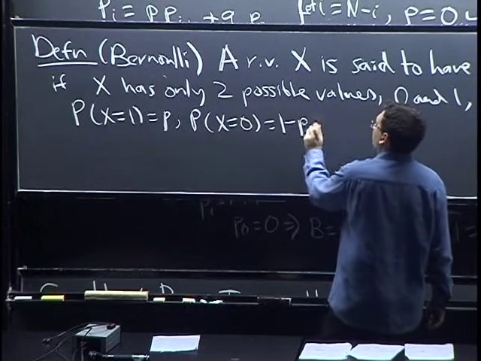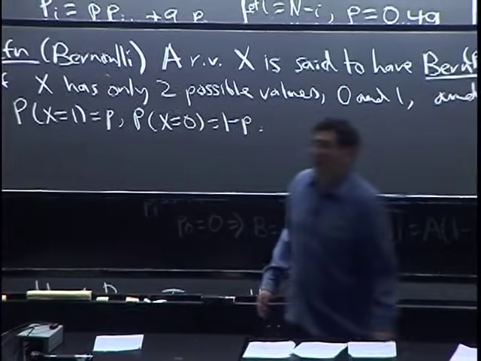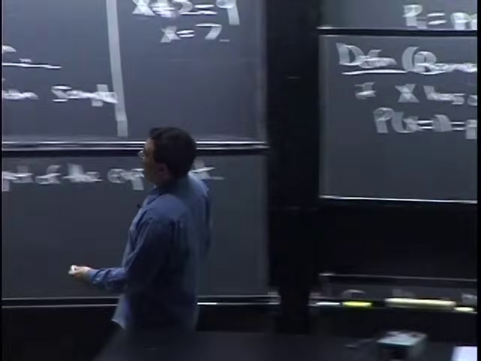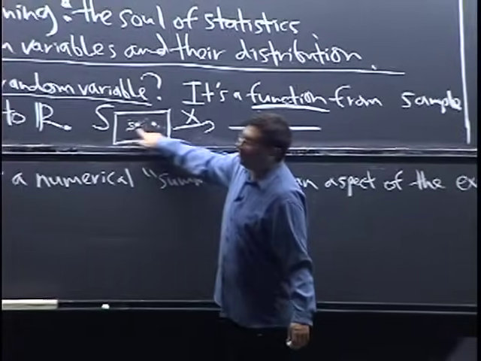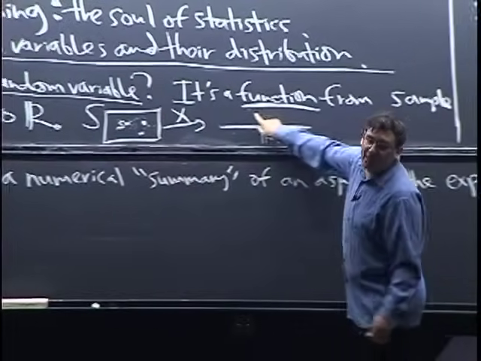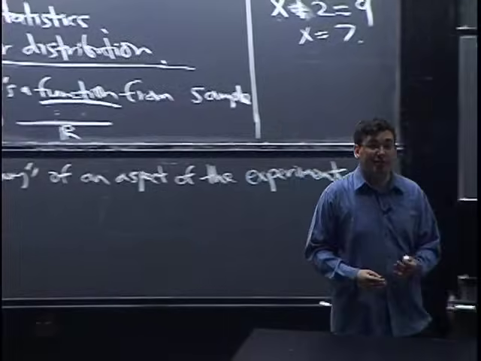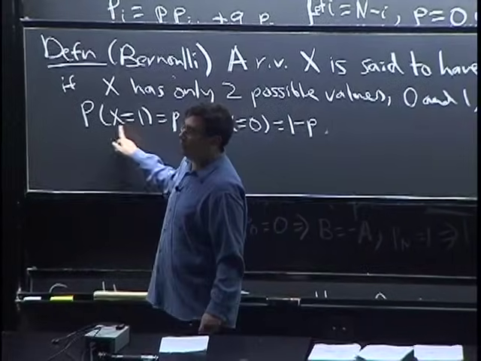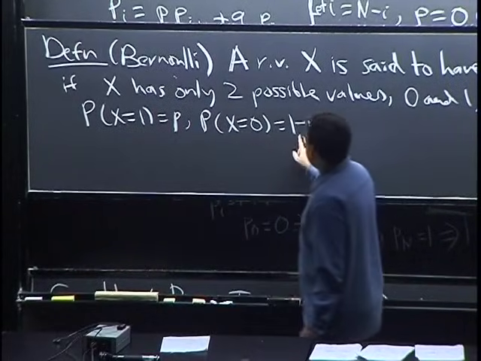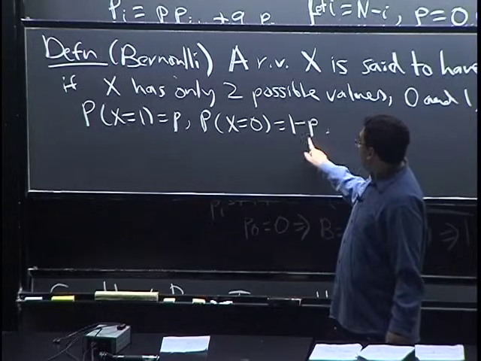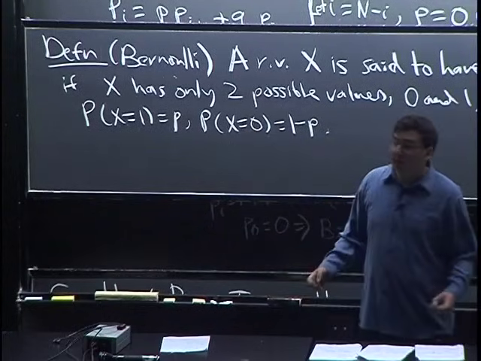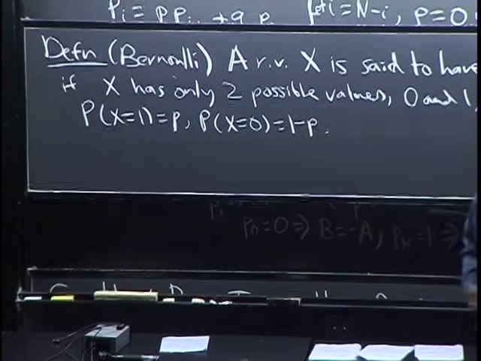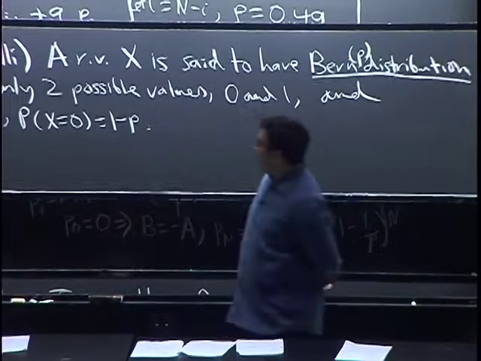So what that means is, we have whatever experiment we have, but suppose that no matter what the outcome is, it's only allowed to map to 0 or 1. There are only 2 possible values. And suppose that with probability p we get 1, and with probability 1 minus p we get 0. Then we say that this is a Bernoulli p random variable.